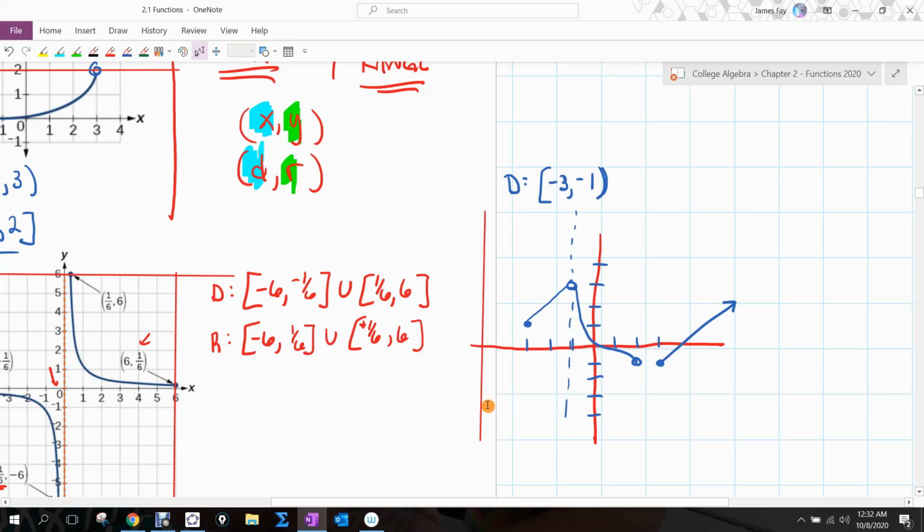As I move this line through here, once I skip over negative 1, I'm back into finding defined x values. So just to the right of negative 1, we should have our next x value. I'll keep scrolling through, and I get up to 2. Now it's an open dot at 2, so I don't include 2.